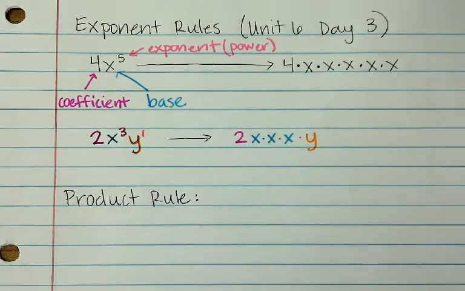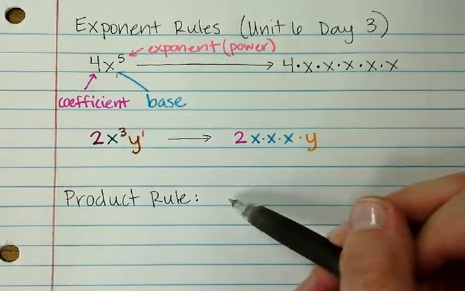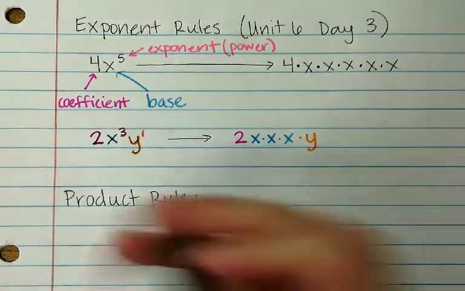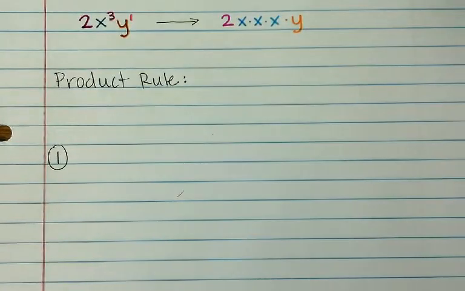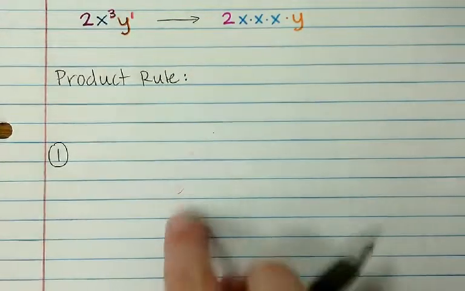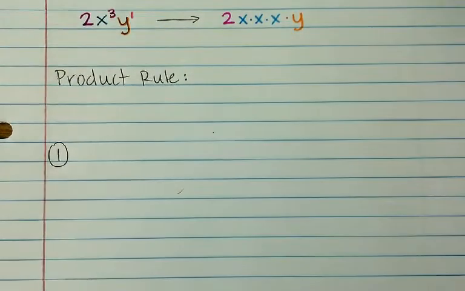We don't actually know what our product rule is. So I am going to skip a few little spots here, and we're going to do some examples to see if we can create the product rule, all right? So I'm not going to tell you what the rule is yet. I want you guys to help me come up with the rule.